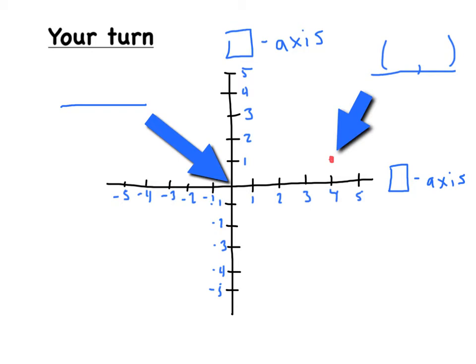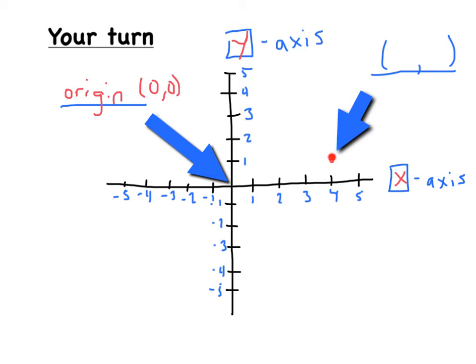Alright, so, starting from left to right, this point that's right in the middle, this is called the origin. The point is always (0, 0). The line that goes up and down, it's the y-axis. The line that goes left to right, that's the x-axis.